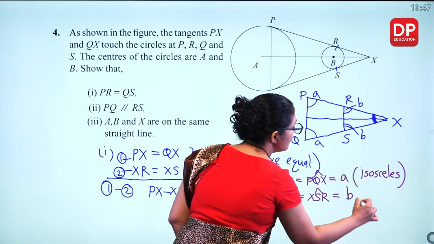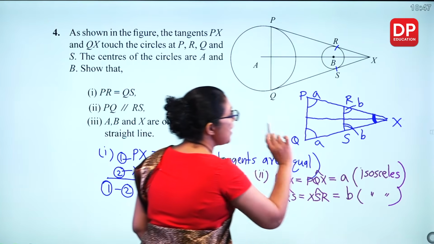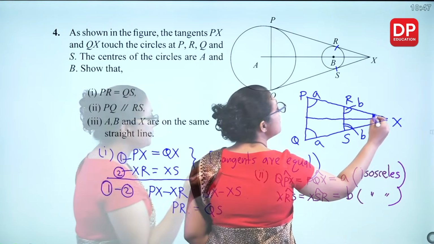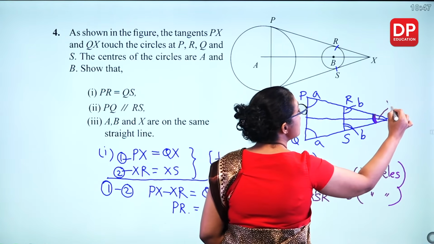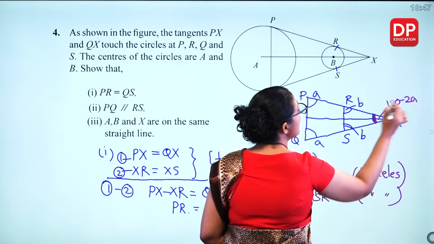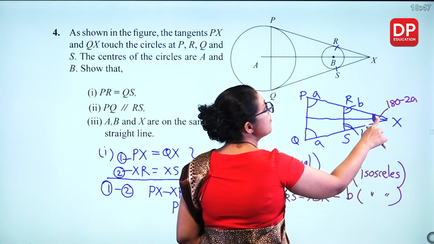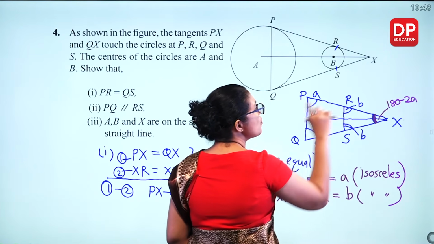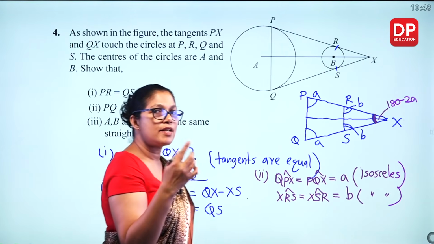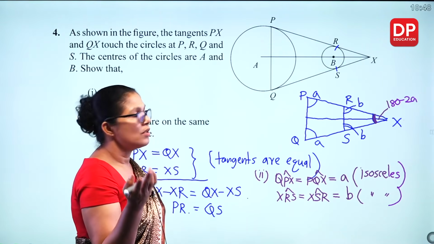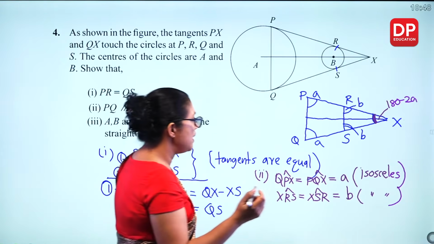I'll take B. Now we have to show that A equals B. This angle becomes, if you take this one, this is 180 minus 2A. If this is 180 minus 2A, what are these two angles? You get 180 minus 2A divided by 2. So you get A. So A equals B.